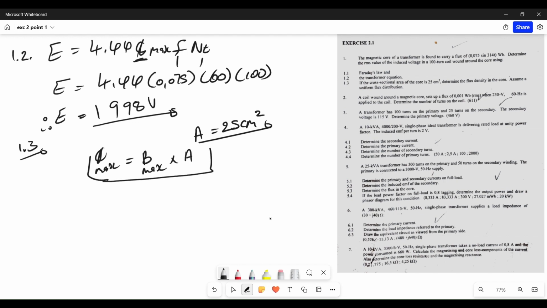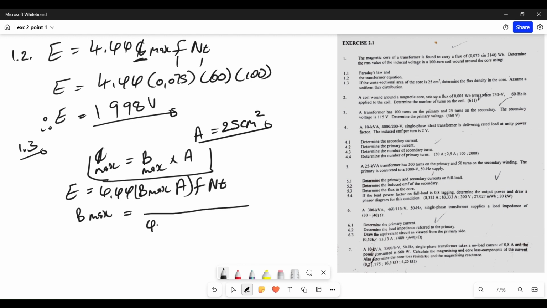This is the equation. So we're going to break the equation into 4.44, and then the flux part we break into B max times area, and then you have the frequency and then the number of turns. So for B max as the subject of the formula, we will have 4.44, area, frequency, number of turns, and then at the top we'll have E.